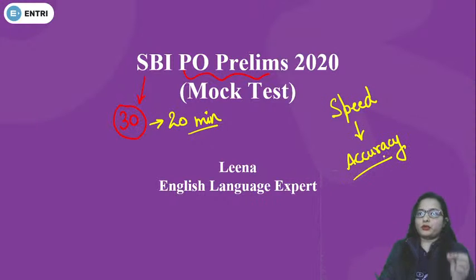It means you have to pick the correct one. If you choose any incorrect answers, then your marks will be deducted. So let's begin with our class. The SBI PO Prelims 2020 mock test is going to be very useful during this COVID time, so get ready for this examination.